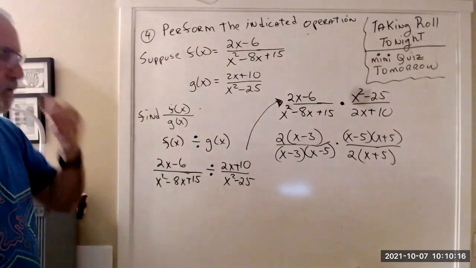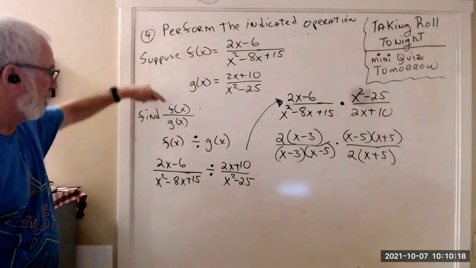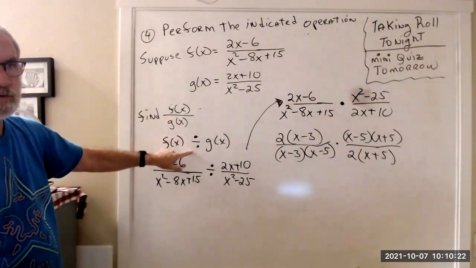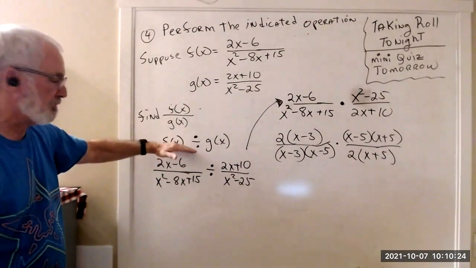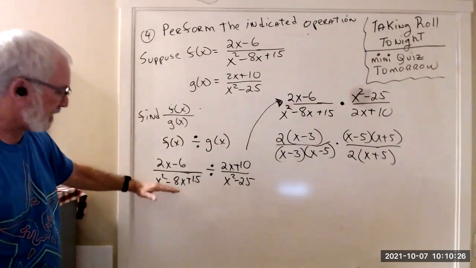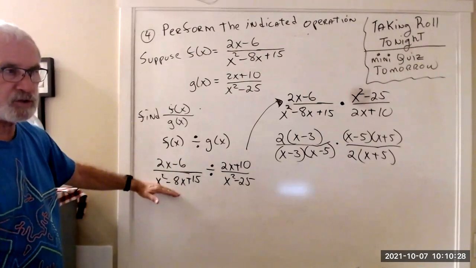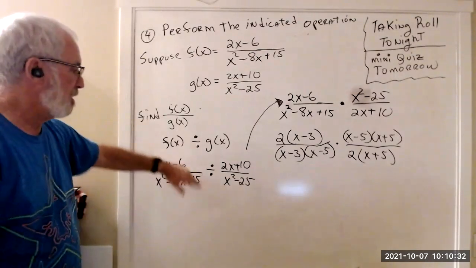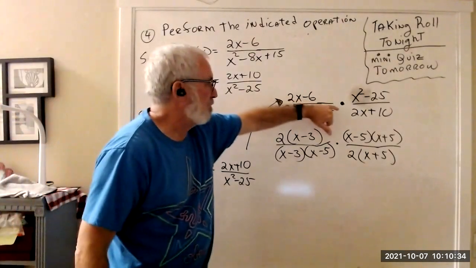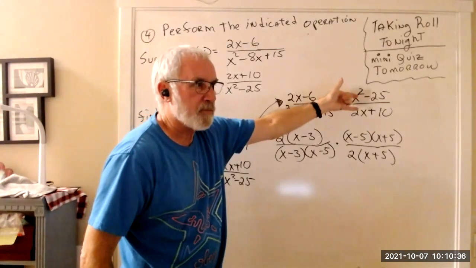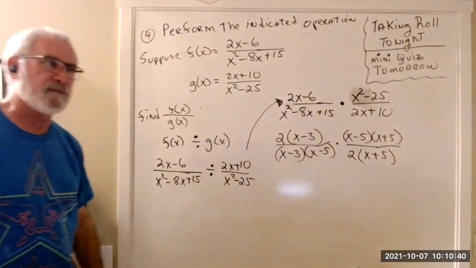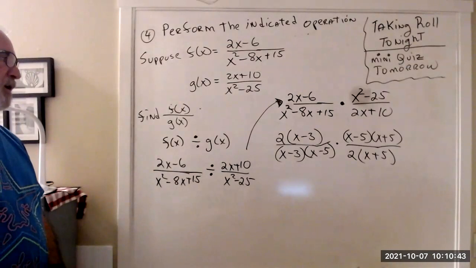Actually any questions on any step, on how I went from fractional form to basic division, and then substituted in place of f of x what the rational expression actually was? It was division, so I rewrote it as multiplication with a flip, and then I factored. I did a whole lot of work up there. Any questions on it?